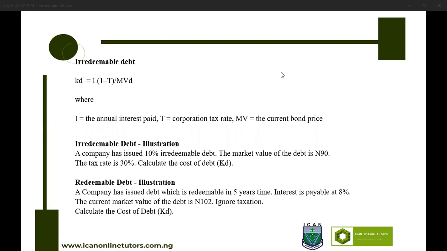What is the rate of interest in this debt? 10%. And the tax rate is given to be what? 30%. While the market value of the debt is given to be what? 90 naira. Are we clear now?